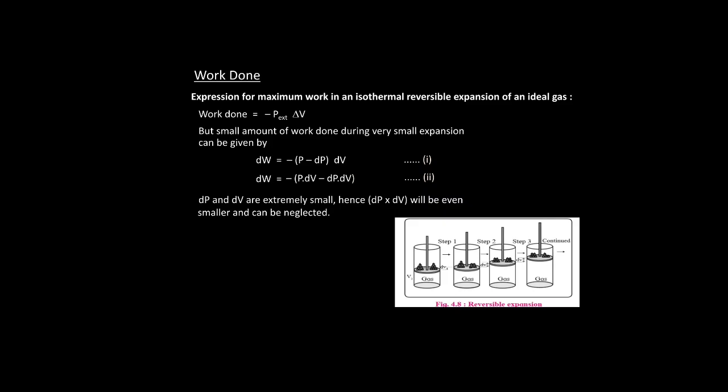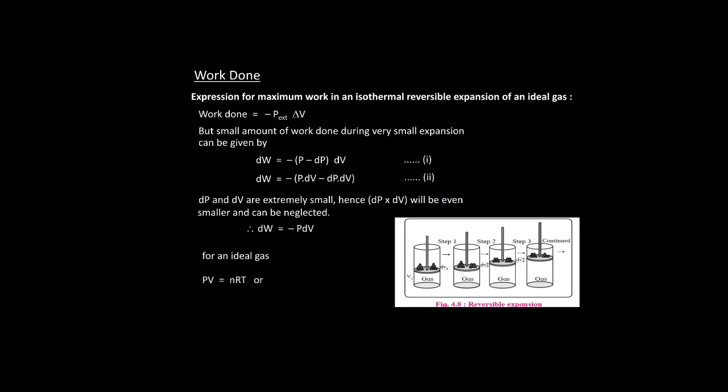dP and dV are extremely small, hence dP into dV will be even smaller, and hence it can be neglected. Therefore, we can say that dW is equal to minus P dV.